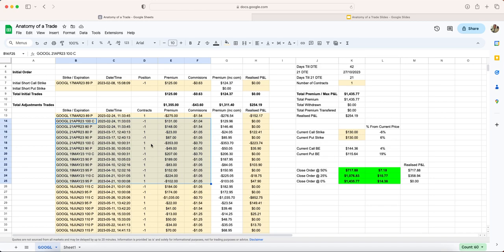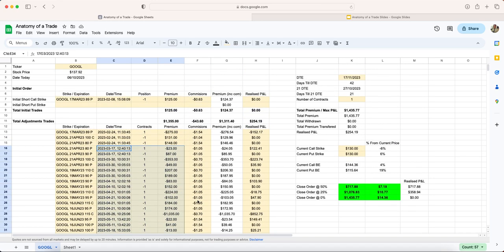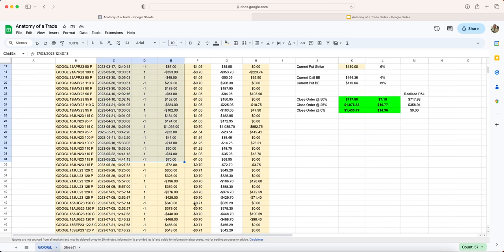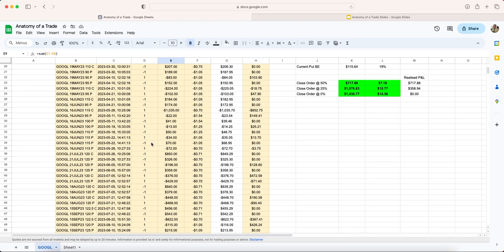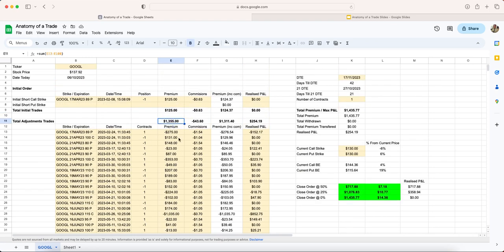So we did a number of adjustments here, rolling at 21 DTE, rolling up and down the untested side, all of these good things. What you're seeing here is the initial trade, where I made $125 premium. Then throughout all of these rolls and adjustments, I've made an additional $1,300 across the 8 months or whatever it is.